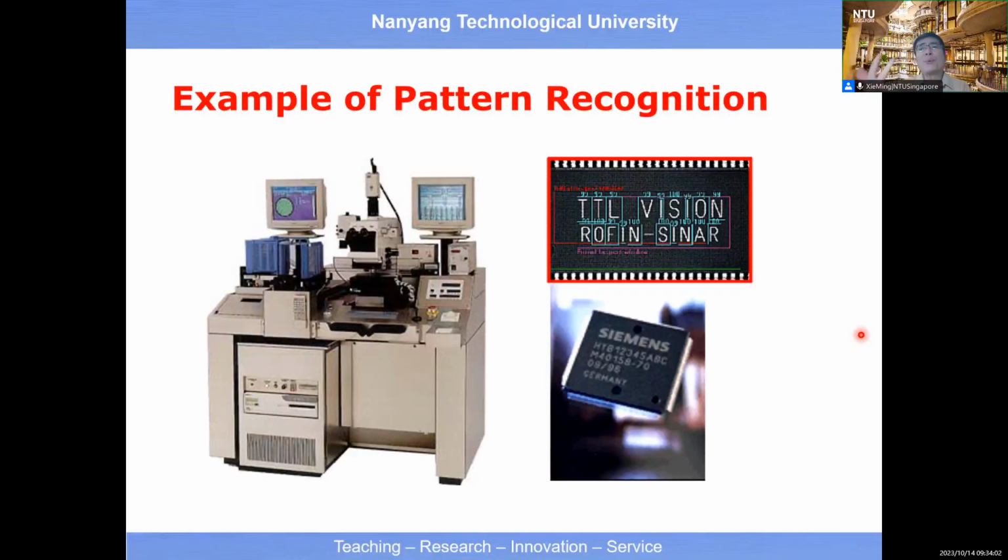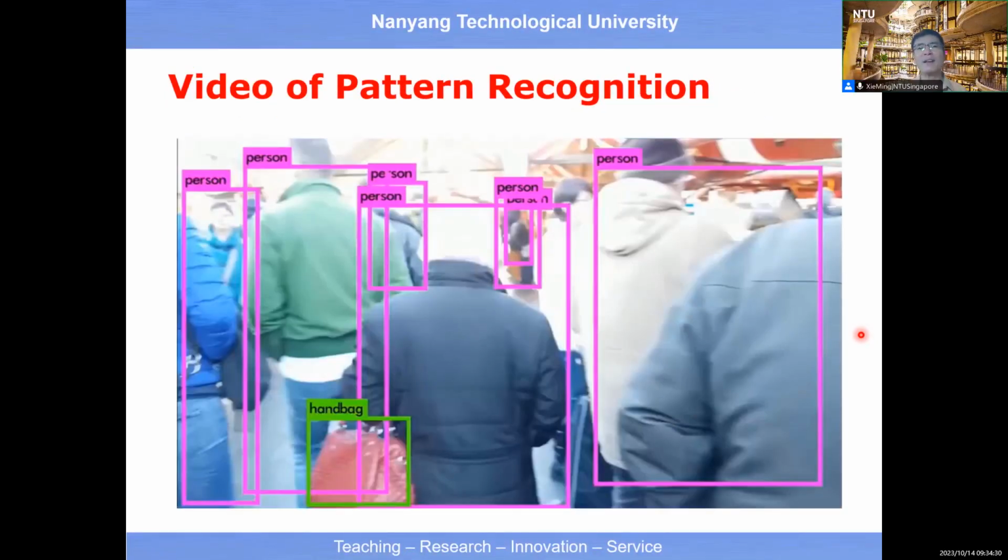Because if we print the information wrongly on the product, then the user will use the product in the wrong way, all right? So it is very important for us to make sure the information printed on the product is 100% accurate. Then you see we can make use of a vision system to do the verification about the accuracy of printed information.